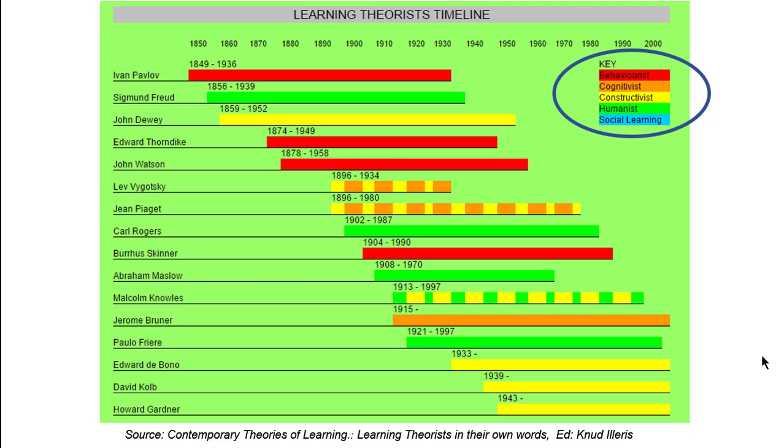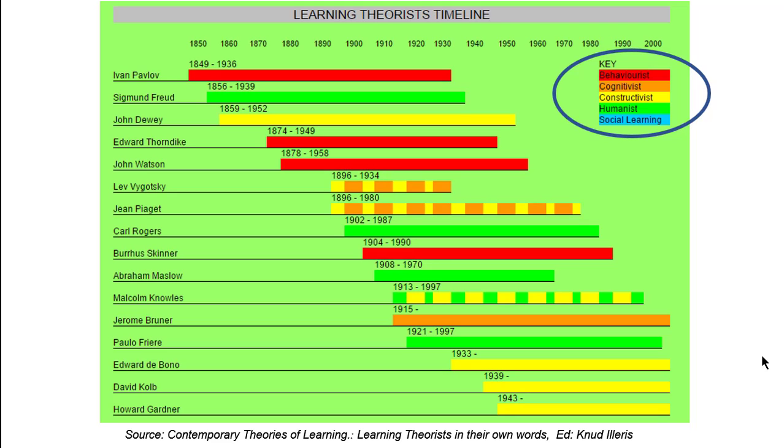Looking at this timeline of some of the major learning theorists, we can see that the legend here actually shows 5 different categories of learning theory: behaviorist, cognitivist, constructivist, humanist, and social learning. Now, we can actually take these and boil them down.